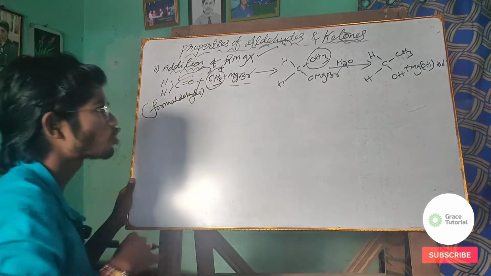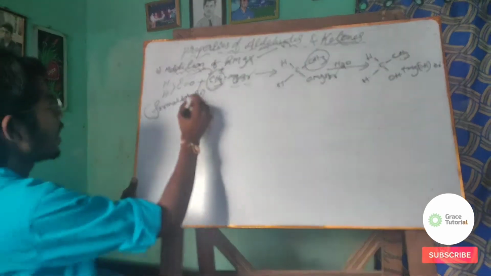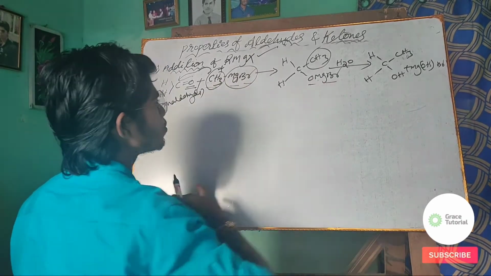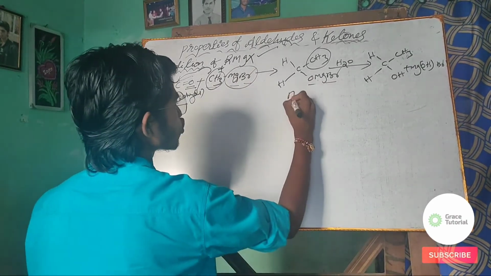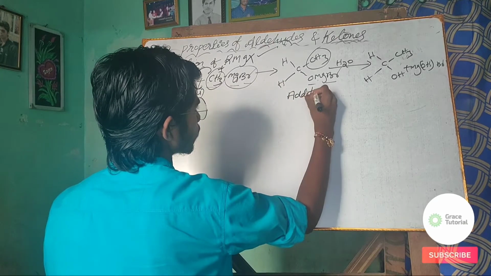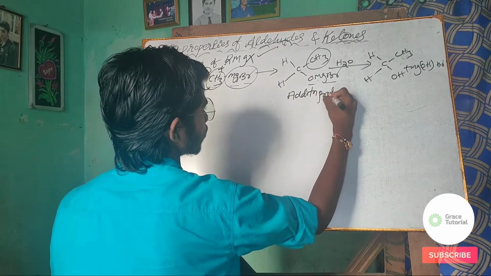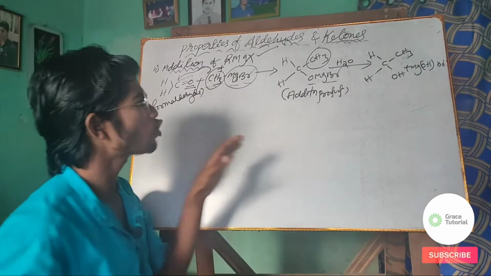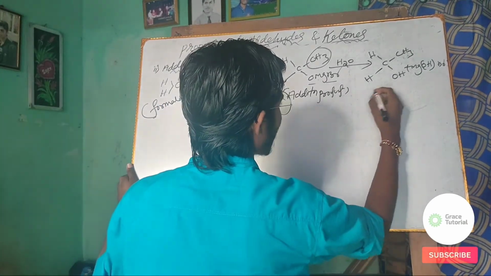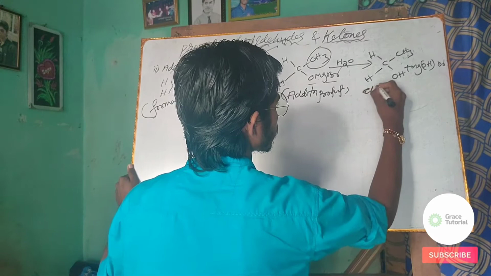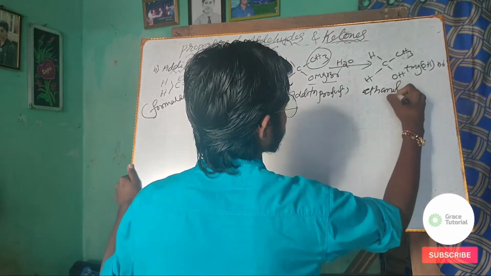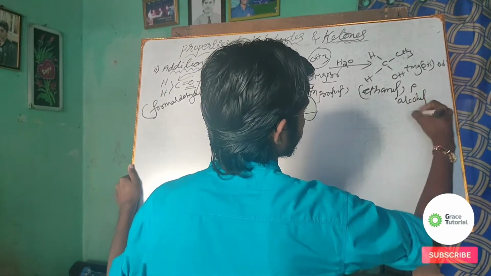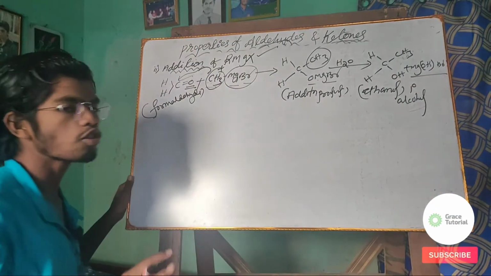That means the CH3 will be attached here, and this O is there with MgBr. OMgBr is obtained, which is basically an addition product. On further hydrolysis, it gives the primary alcohol, that is ethanol, and magnesium hydroxybromide is obtained.